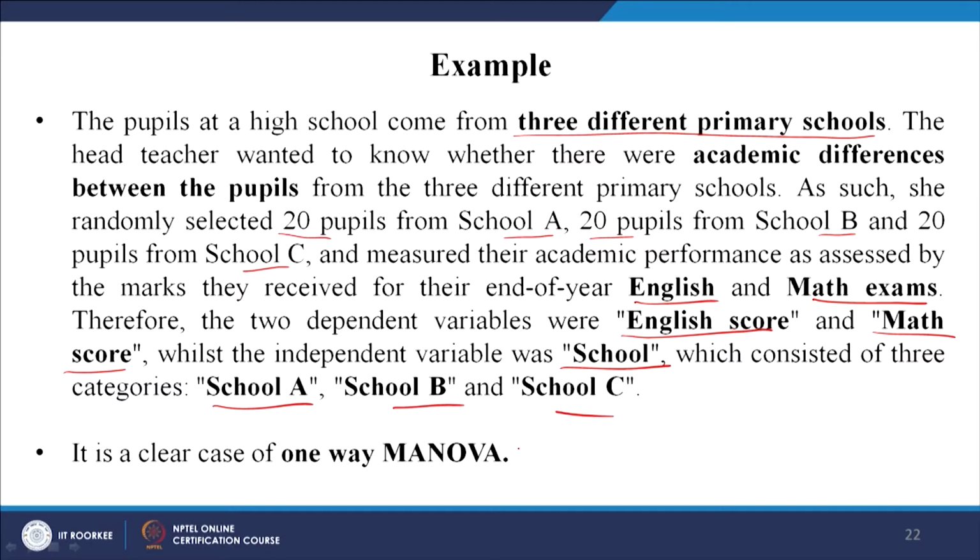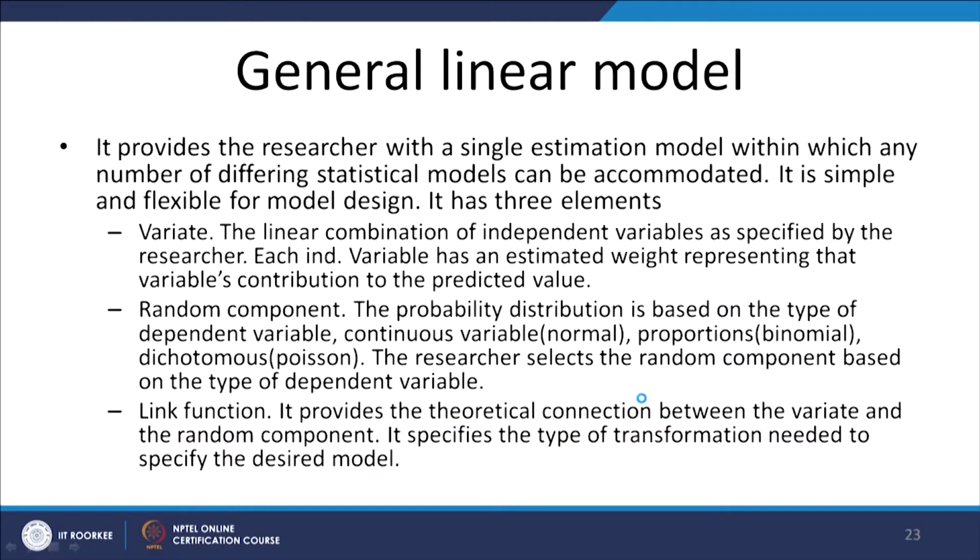When I talk about ANOVA only, it is a comparison of means, but when I talk about MANOVA, 2 way ANOVA or ANCOVA, here we use a model called the general linear model.